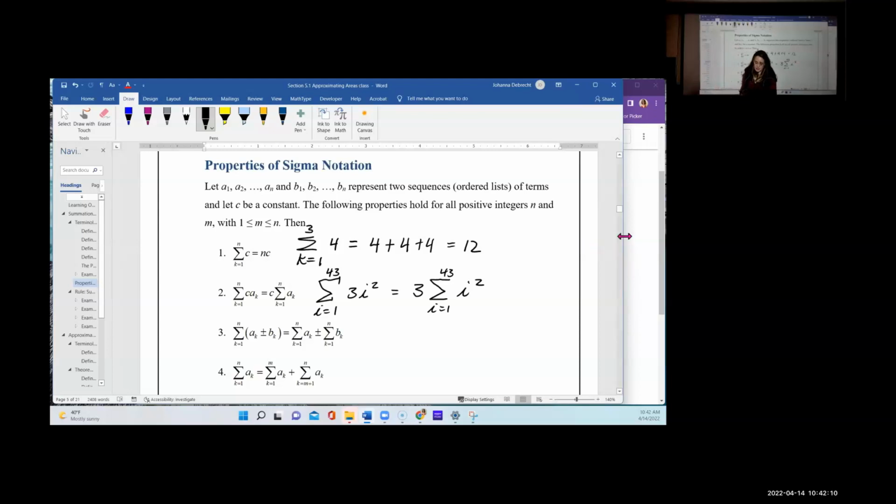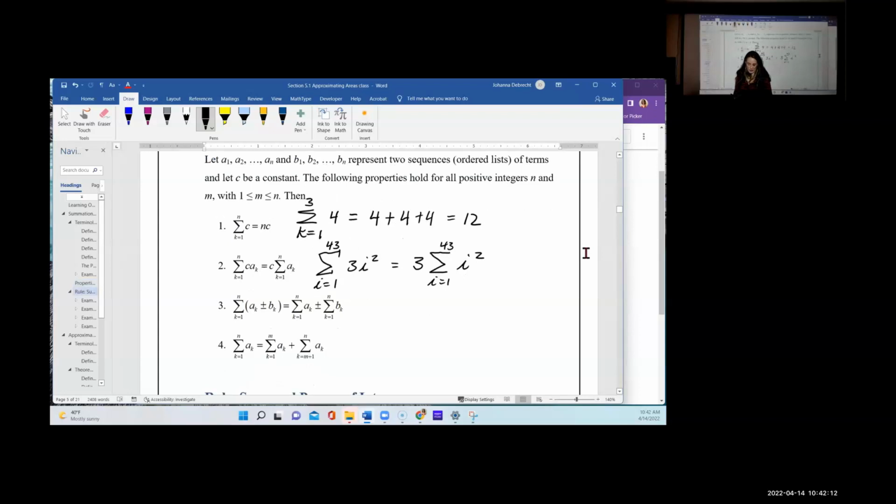The next one is the sum and difference rule, just like we saw when we did indefinite integrals. This basically means that if we have the sum from i equal 1, and I keep using i, even though I said we use it less often now, I should change. If I have 3i minus 4, I could write this as the sum from i equal 1 to 10 of 3i minus the sum from i equal 1 to 10 of 4.